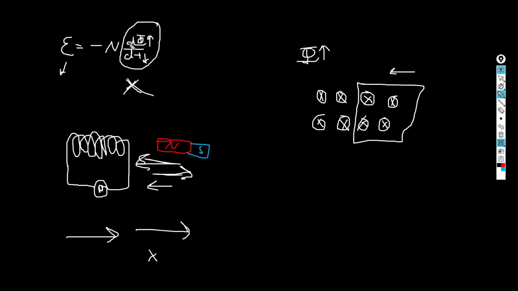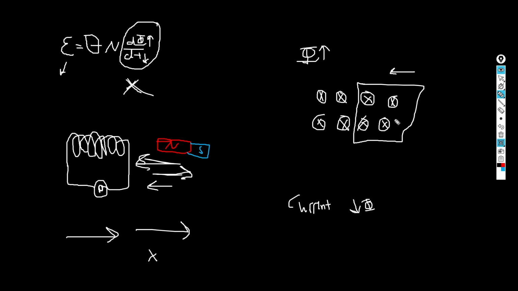So would the current that's generated try to decrease it or increase it? Here we have a negative sign. So the induced current would try to decrease the magnetic field. So now I have a current, and it's going to try to decrease the magnetic field, right? Yes.